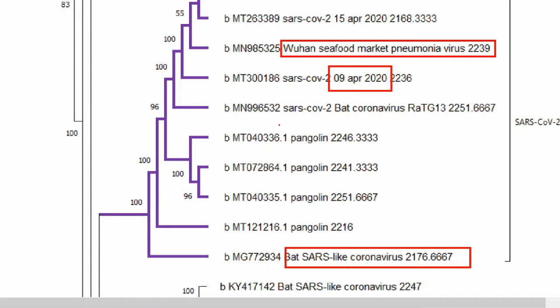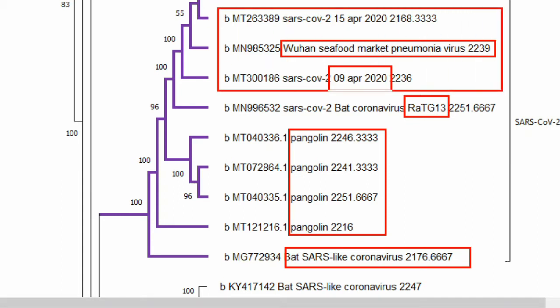Then we have pangolins. So here is the group of pangolins. You see how high the alignment score is, of all of these pangolins. So really the pangolins are closely related. But, and this is the most interesting, the famous bat RaTG13 is grouped together with the human coronaviruses.